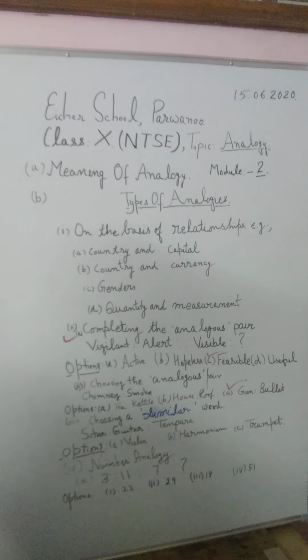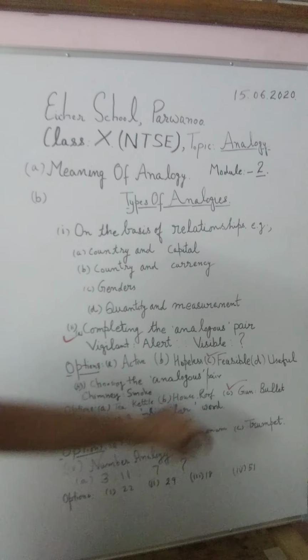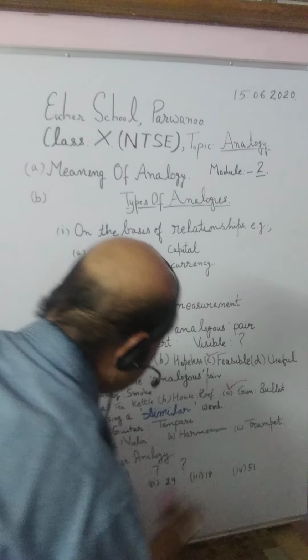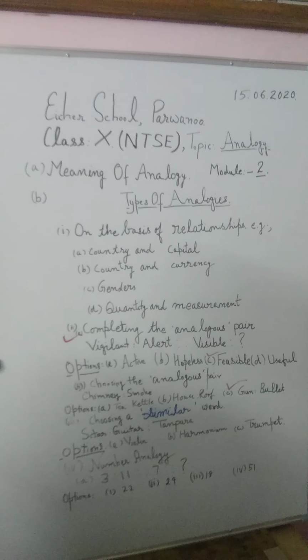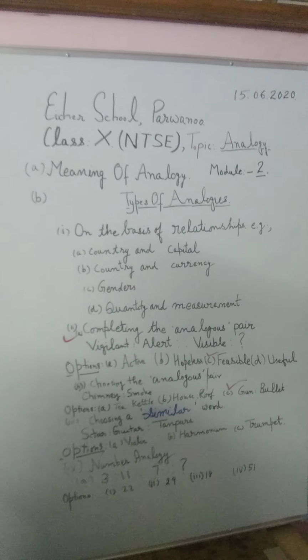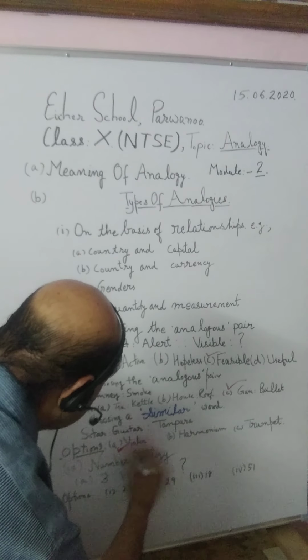They have strings. Now, what will be the correct options? A, B and C. Here A is violin, B is harmonium and C is trumpet. Now, harmonium and trumpet, they do not have strings. Only violin has strings. So A will be the correct one.